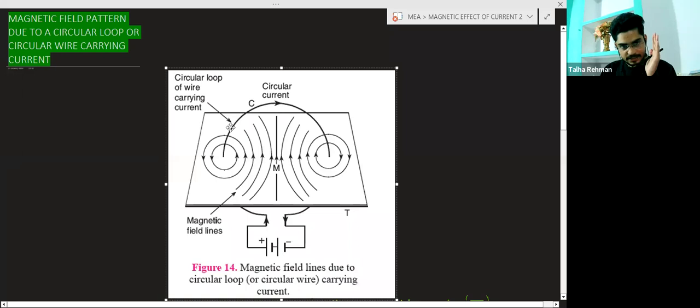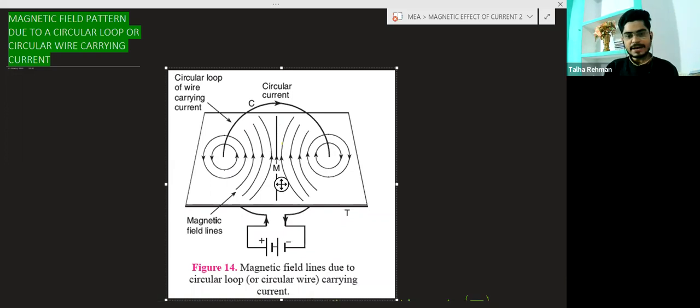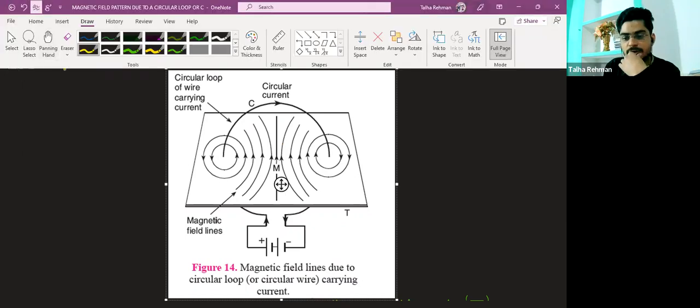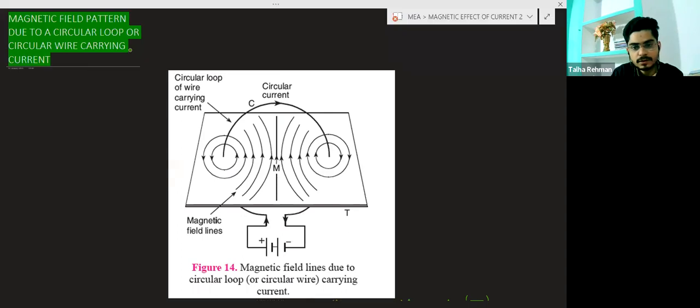Around the wire there are circles, and when you move away from the wire, the radius of the circles increases, and at the middle the magnetic field lines are a straight line.